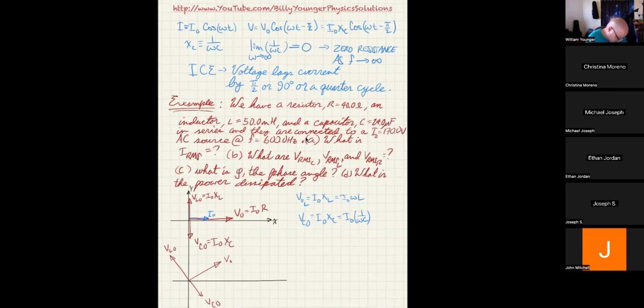So ultimately what you're going to do is add these things as if they're really vectors, and you can see that the sum of these would be about like this.